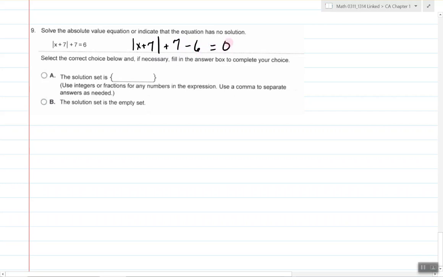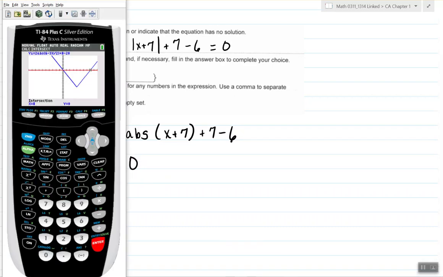Now, if you want to simplify 7 minus 6 and put 1, you can, or you can just be lazy and type it in exactly as you see it. y1 is ABS, open parentheses, x plus 7, close, plus 7 minus 6, and y2 is 0. All right, let's type it in.